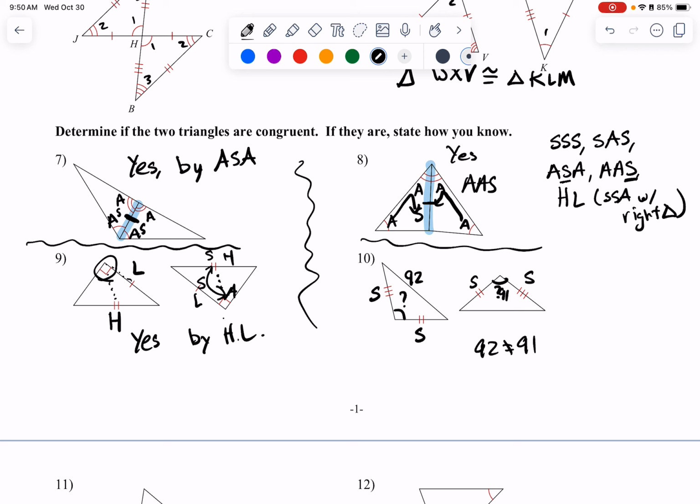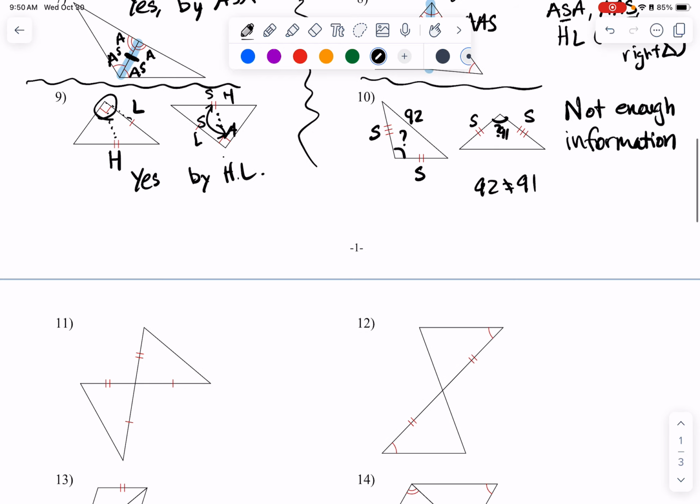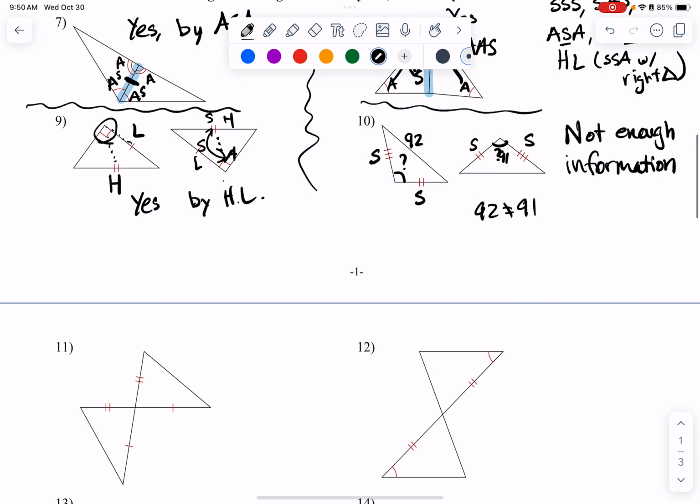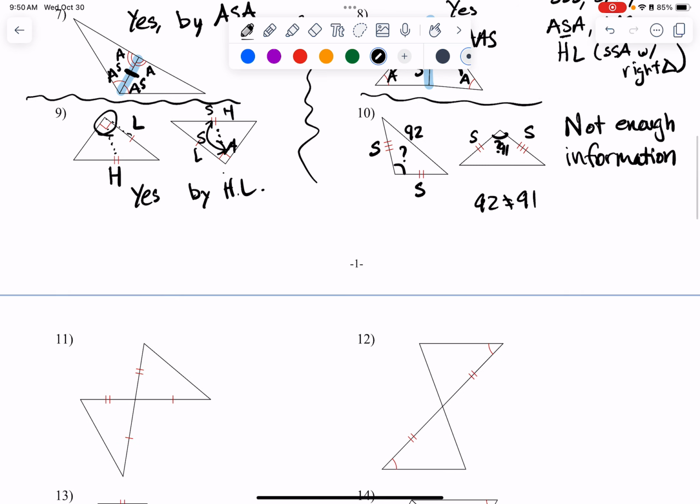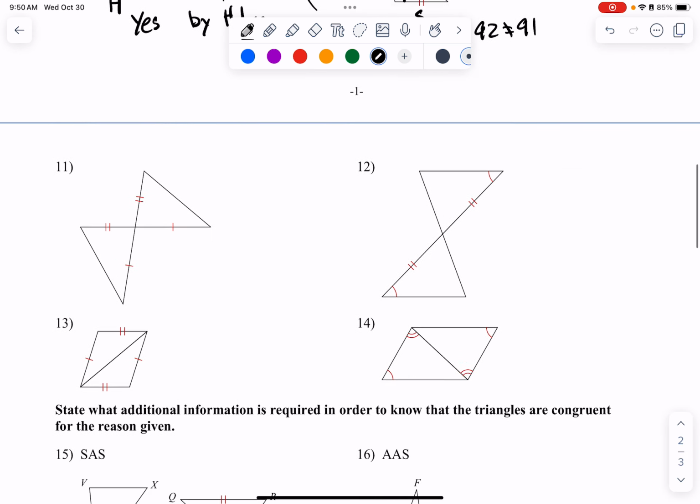So we don't know. Not enough information. If we had any more information, any angle or the third side, we could have said, yep, that's enough. But it's just too little bit of information.